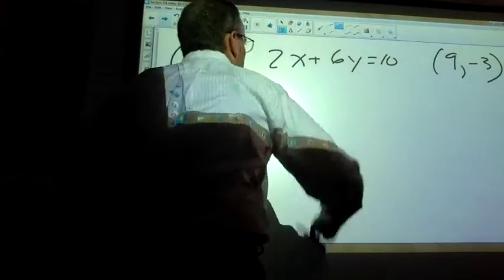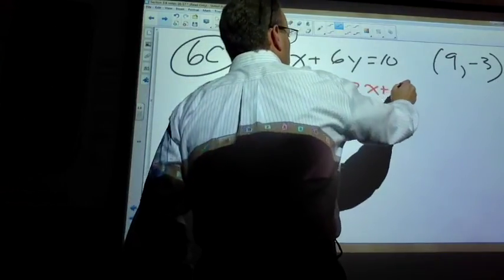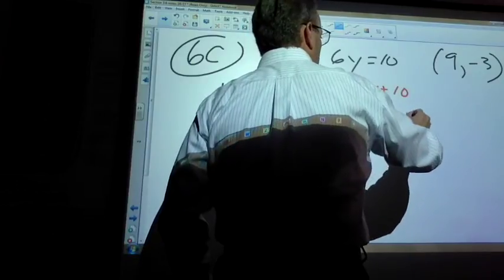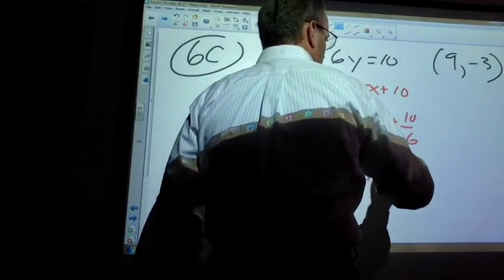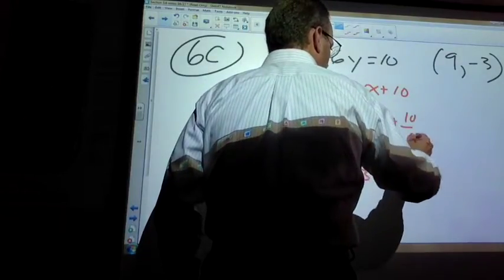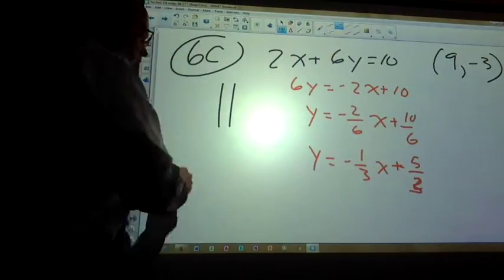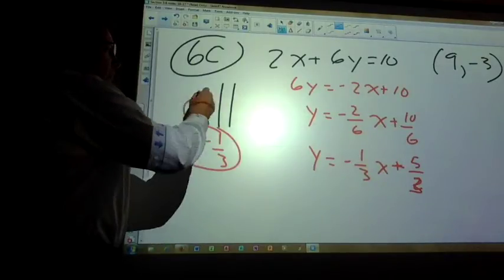I'm going to solve this for slope-intercept form. All right, so my slope is negative 1/3. So that's also the parallel slope.